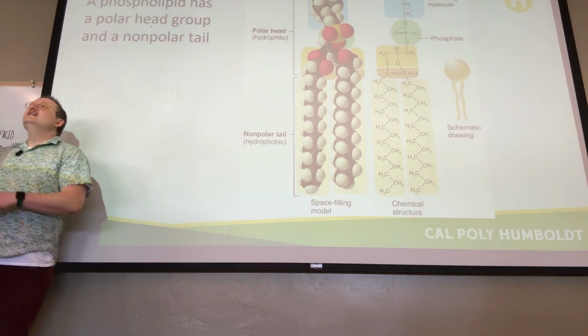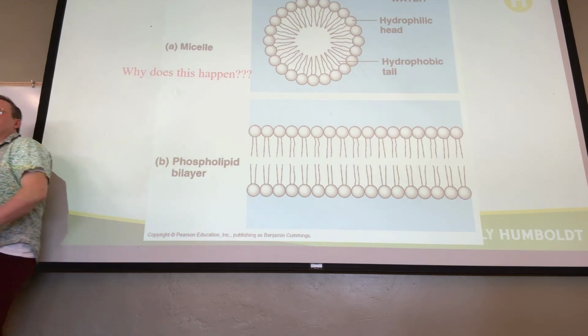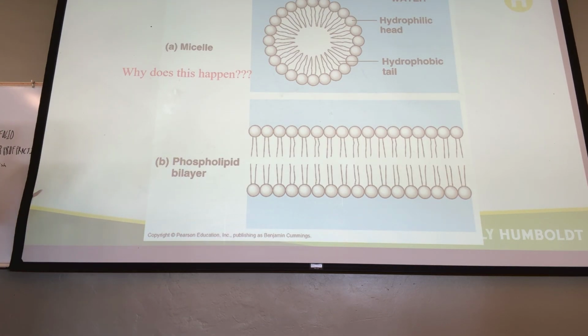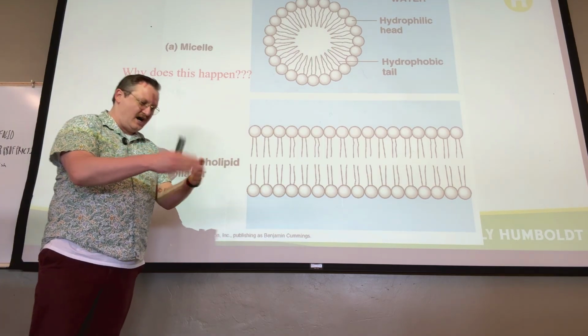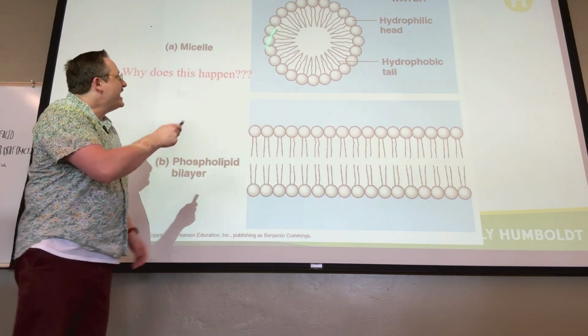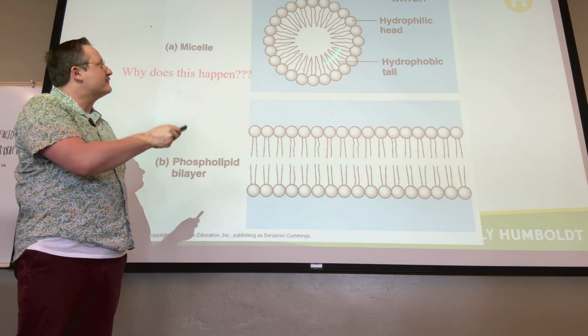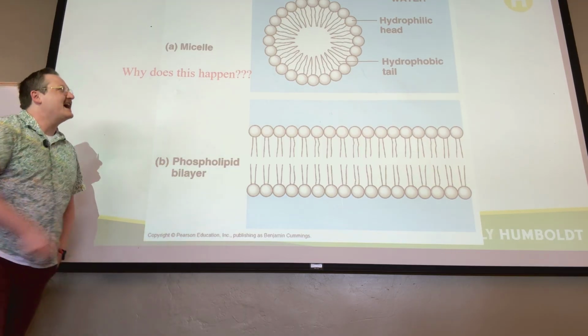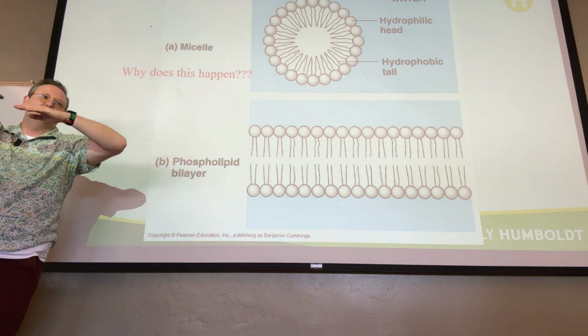Awesome. So what happens if you just take a bunch of phospholipids and you dump them into some water? Well, the tails will all eventually just sort of auto-assemble and join up together to make this little hydrophobic region. Okay, why does this happen? Because the hydrophobic regions of the molecule are all repelled by the water molecules.